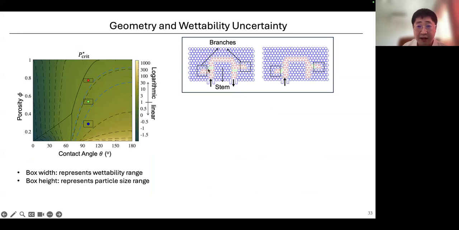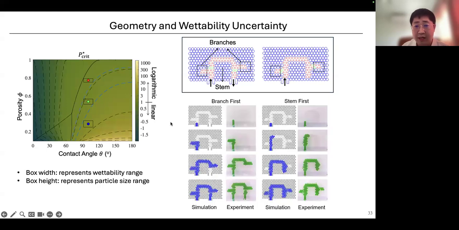Not sure you can see the green color, but the red is the smallest particles, green is the intermediate one, and blue is the largest particles. By designing these different sizes of particles, we can achieve sequential control of fluid invasion.